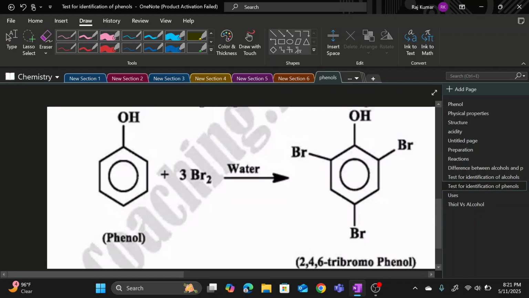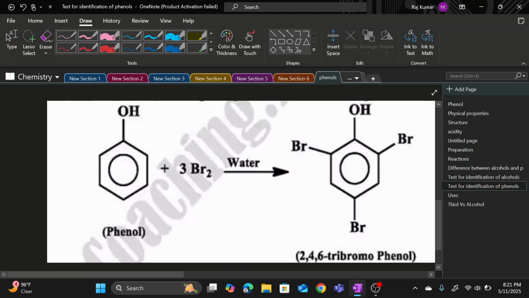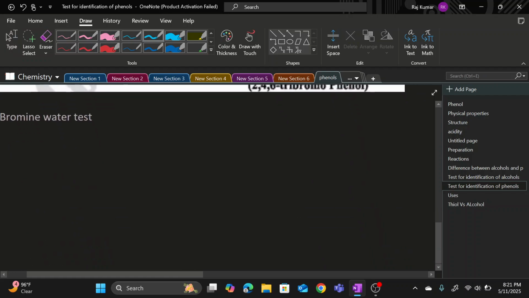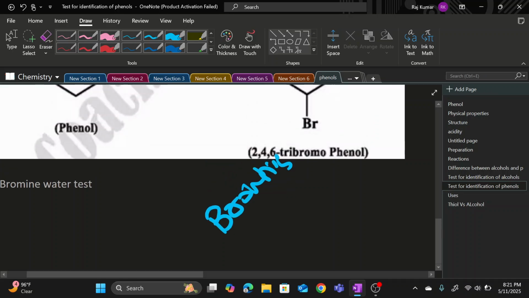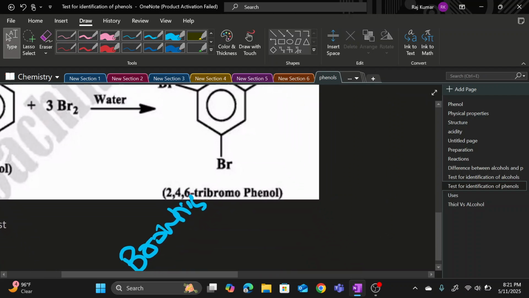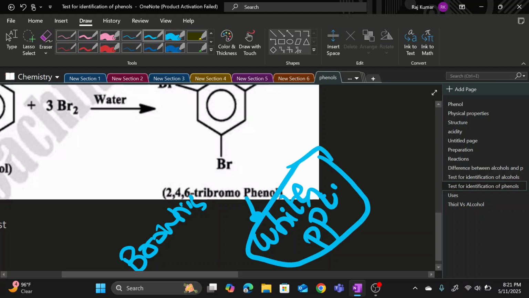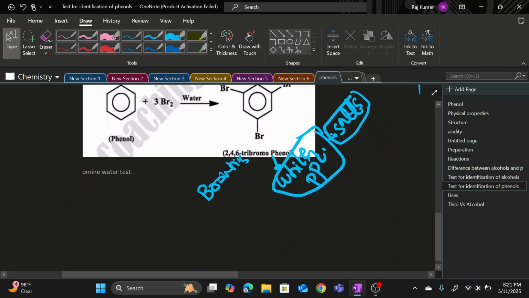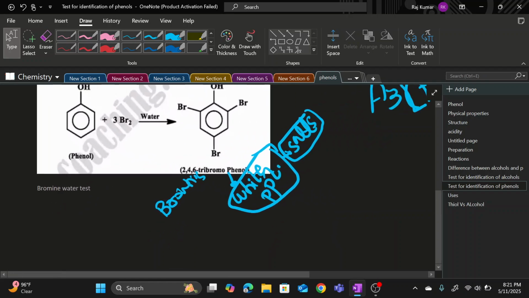This is the bromine water test. When you react phenol with aqueous bromine, basically bromine water, which is reddish brown in color, it produces tribromophenol, which is a white precipitate.